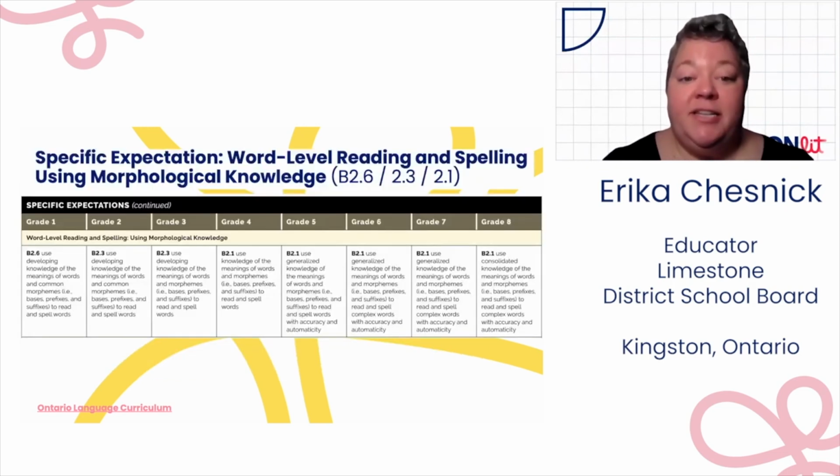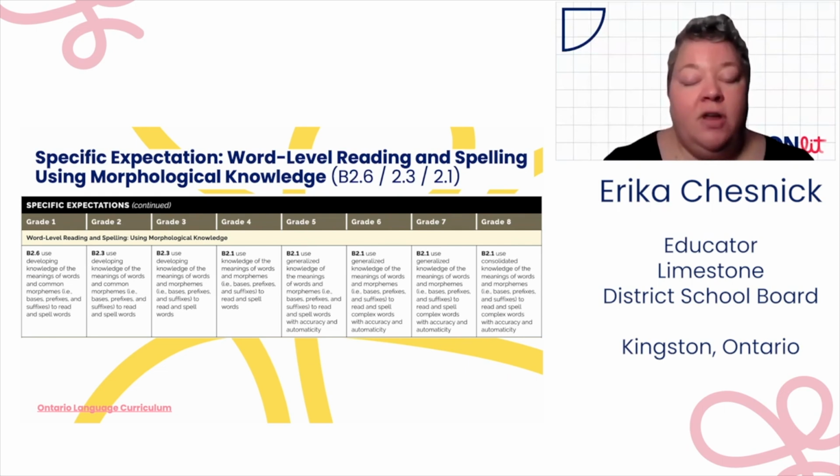The specific expectation, which is labeled B2.6 in grade 1, B2.3 in grades 2 and 3, and expectation B2.1 in grades 4 and above, speak to the teaching and learning that should be occurring at every grade level according to the new curriculum.